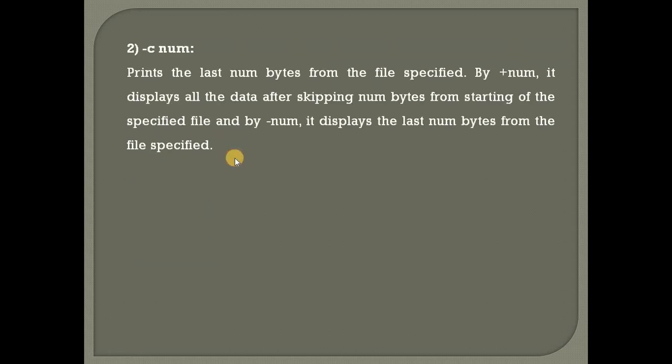Next option, -c, prints the last num bytes from the file specified, as we have already seen in the head command. By +num, it displays all the data after skipping num bytes from the start of the specified file, and by -num, it displays the last num bytes from the file specified.